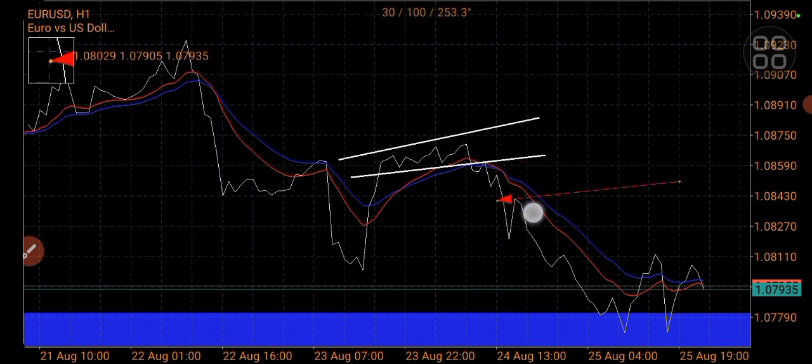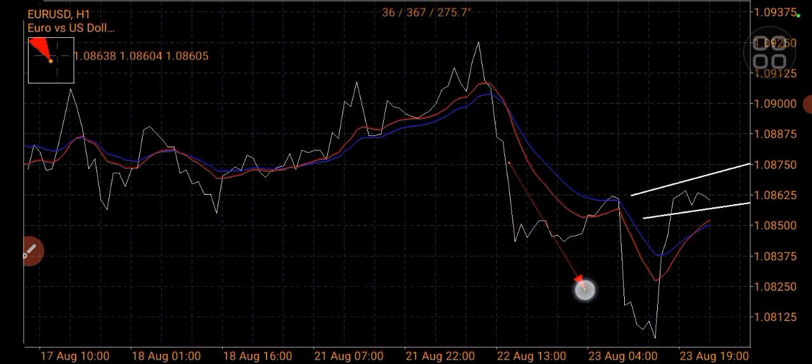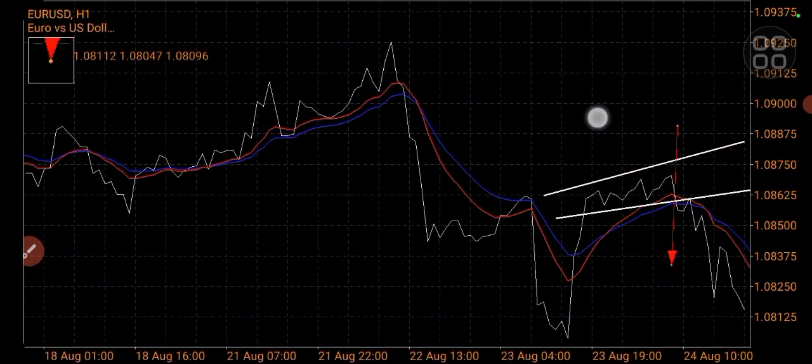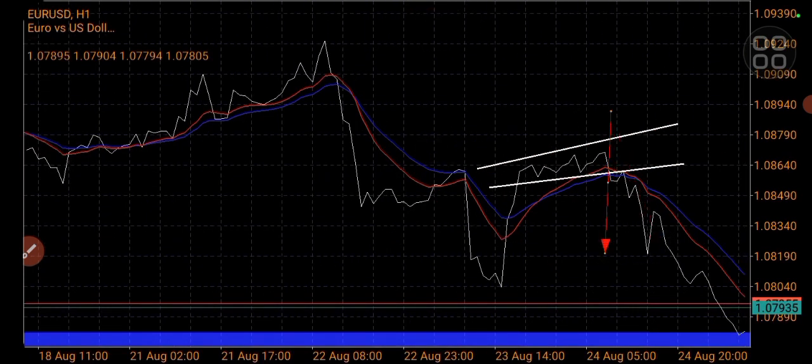Imagine if you are selling from here, how many pips will you be getting? This EUR/USD, the pips are, let me see, 60 something pips. If you have the patience to allow it to reach, even if it's 51 pips, at least it's good.